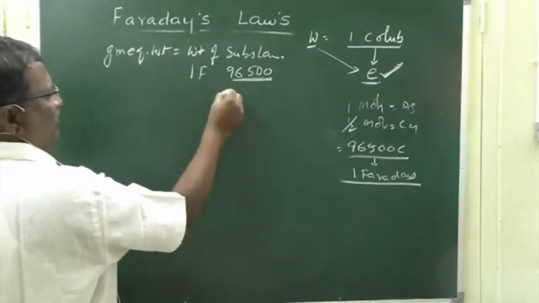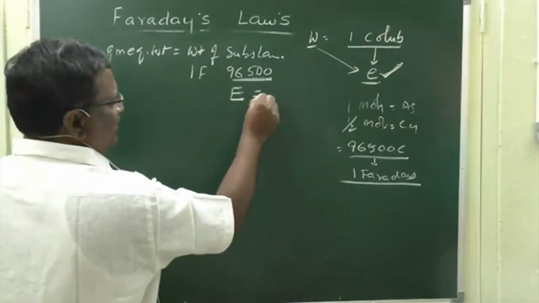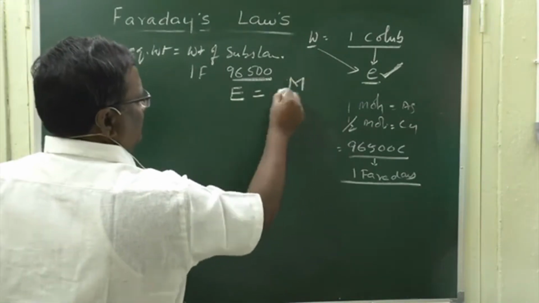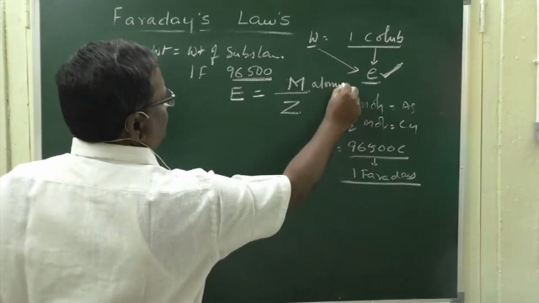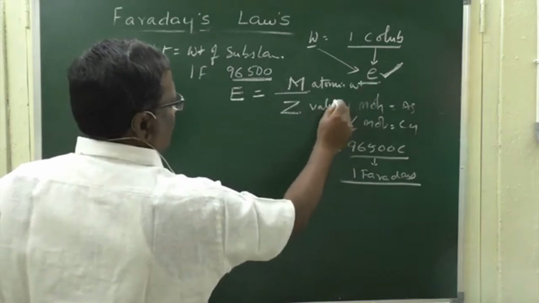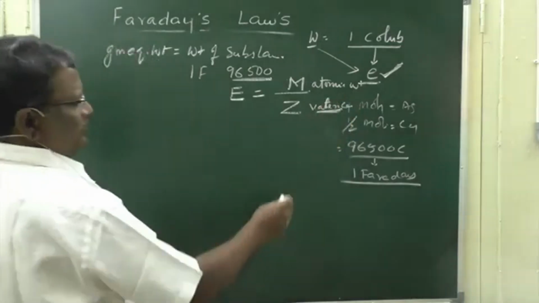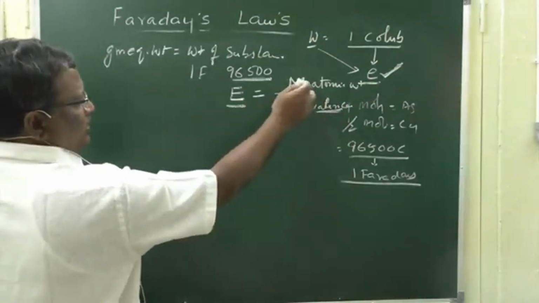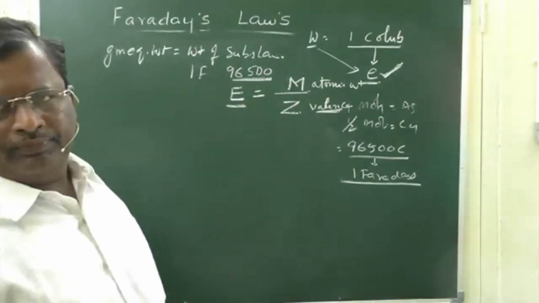Let the equivalent weight be denoted with capital E. That capital E is nothing but m by z, where m is atomic weight and z is valency or charge. Equivalent weight is atomic weight by valency, m by z.